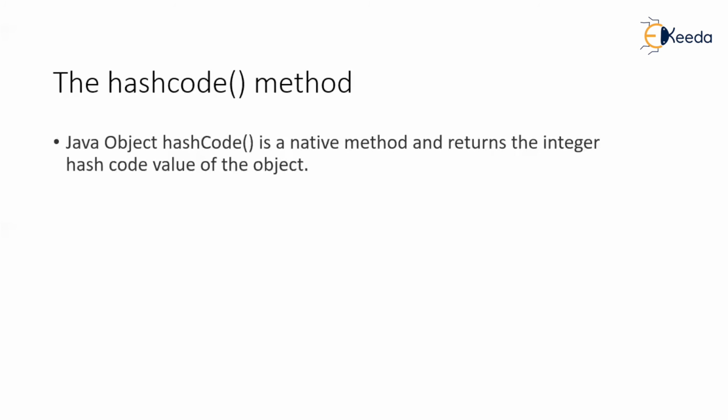Internally, what code is executed? obj1.hashCode and obj2.hashCode, and two integer values are available. If these two integer values are the same, then the equals method will return true. If they are different, the equals method will return false. This is how these two methods work hand in hand.